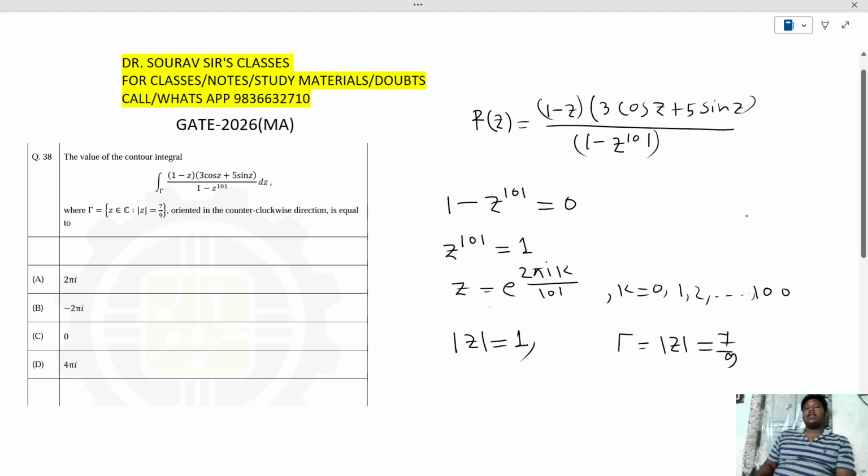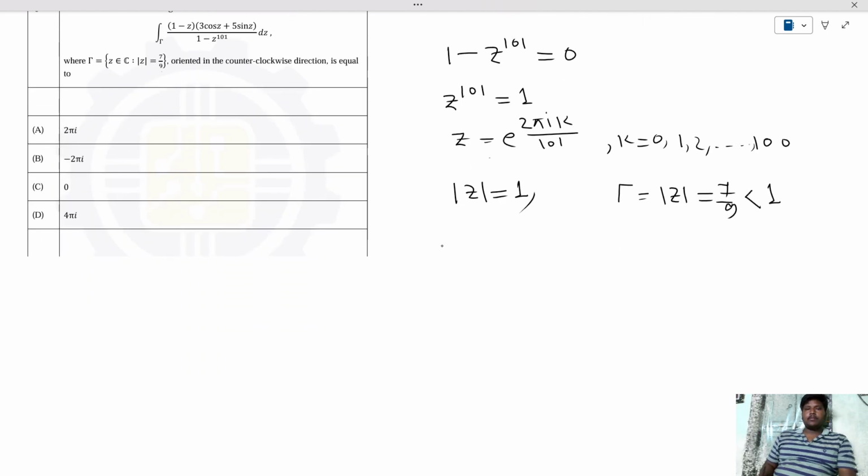This is a circle whose radius is less than 1. That means we draw the contour in the lower portion. So the contour is this, in the anticlockwise direction. This is mod of z equals 7 by 9.